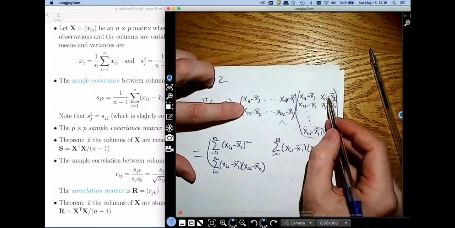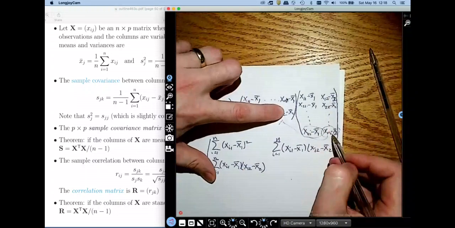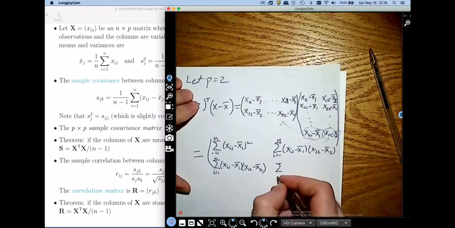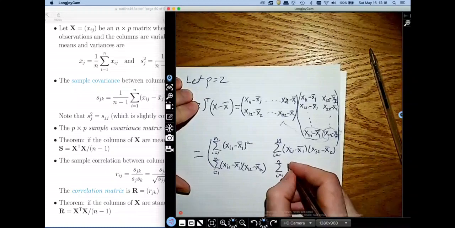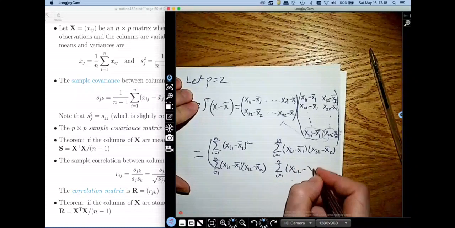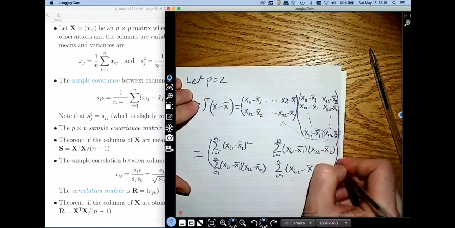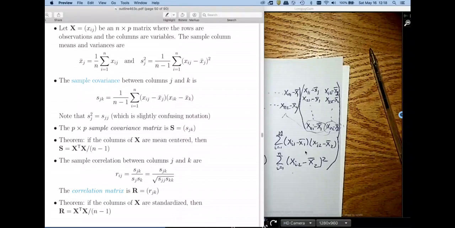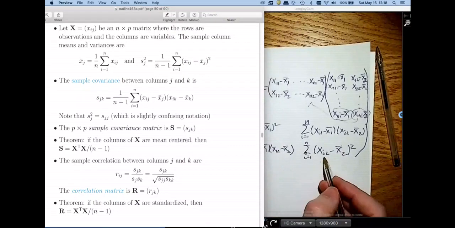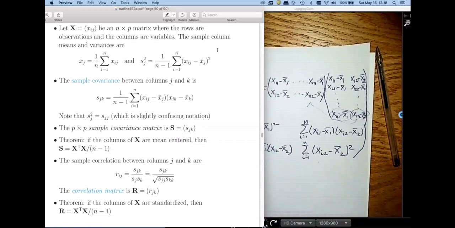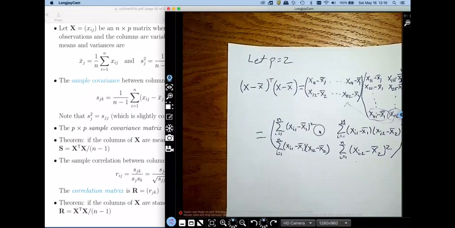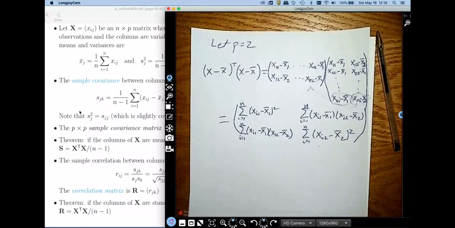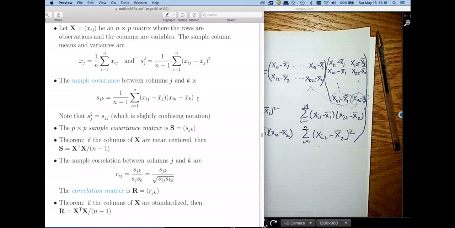I would take this times this plus the next term all the way through the last term, and I'd end up with the sum, i equals 1 to n, of xi2 minus x bar 2 squared. And that's my matrix. Well, does this look familiar? It should, because this is that exact same sum that I had when I computed my variances. This is the exact same sum that I have when I compute my covariances.